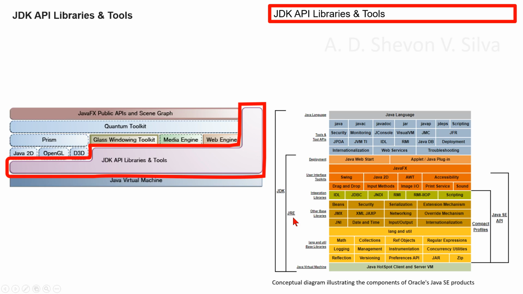The JRE provides the libraries, Java Virtual Machine, and other components necessary for you to run applets and applications written in the Java programming language. This runtime environment can be redistributed with applications to make them freestanding. Java SE API, Java Platform Standard Edition 8 API specification.